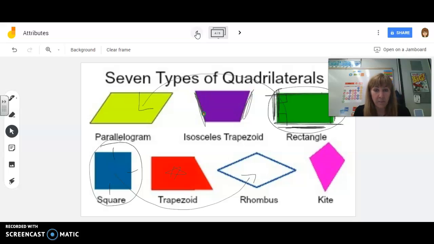So trapezoids can be either shape. And the last one kind of looks like a rhombus, but it's a kite because these two lines are longer than these ones. Okay, so it's not quite a rhombus. Those two lines are longer. So just get yourself familiar with saying some of these names.